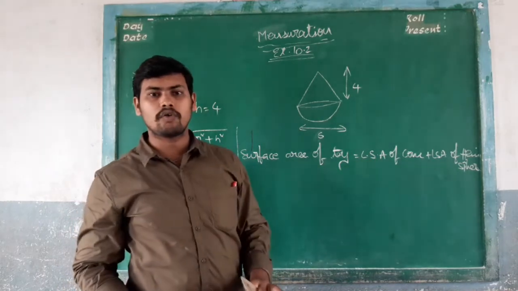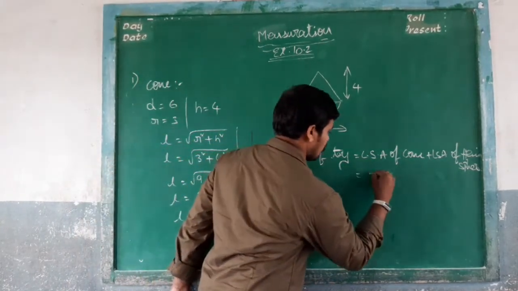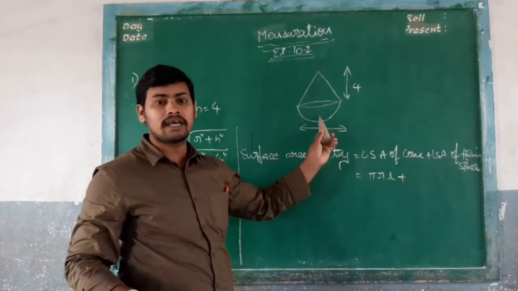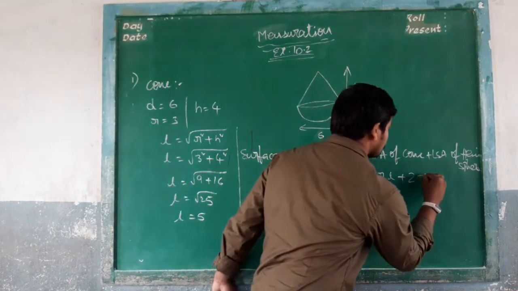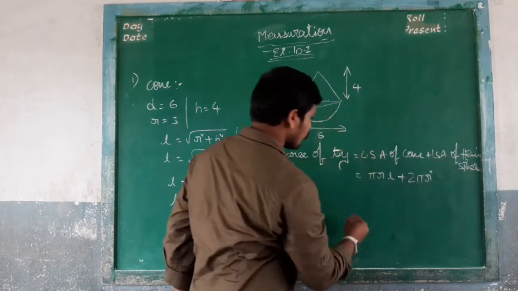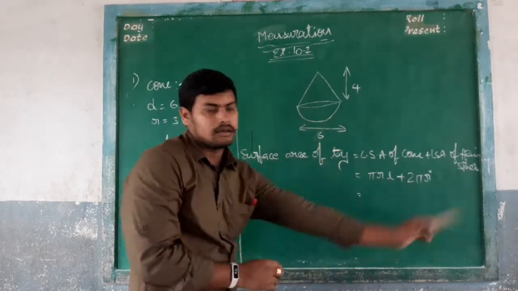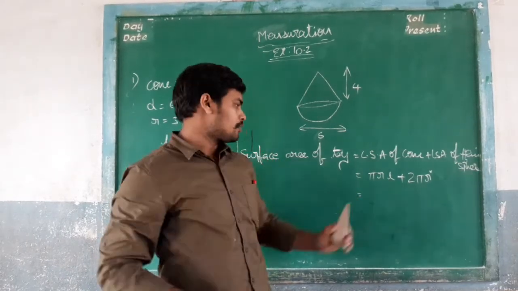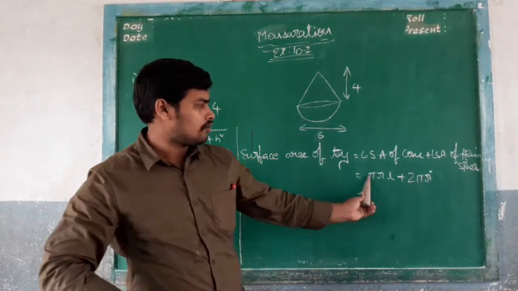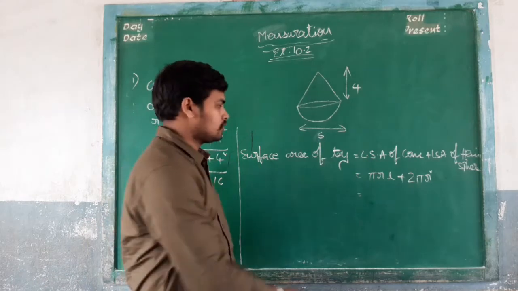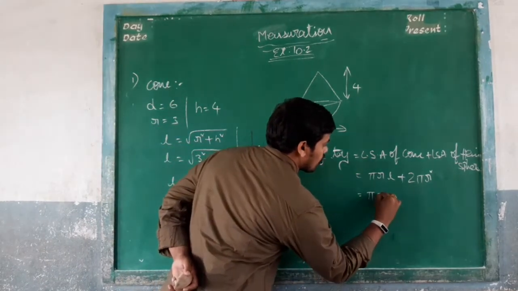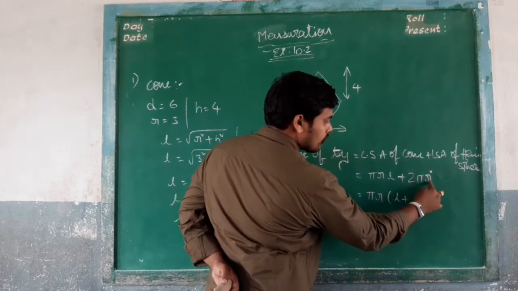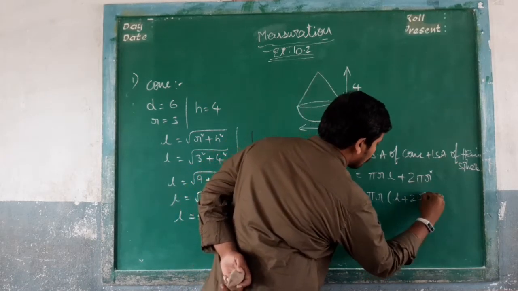The lateral surface area of the cone formula is pi r L, plus the lateral surface area of the hemisphere, 2 pi r square. Here r and r are both the same. So what is the common factor here? Pi r.